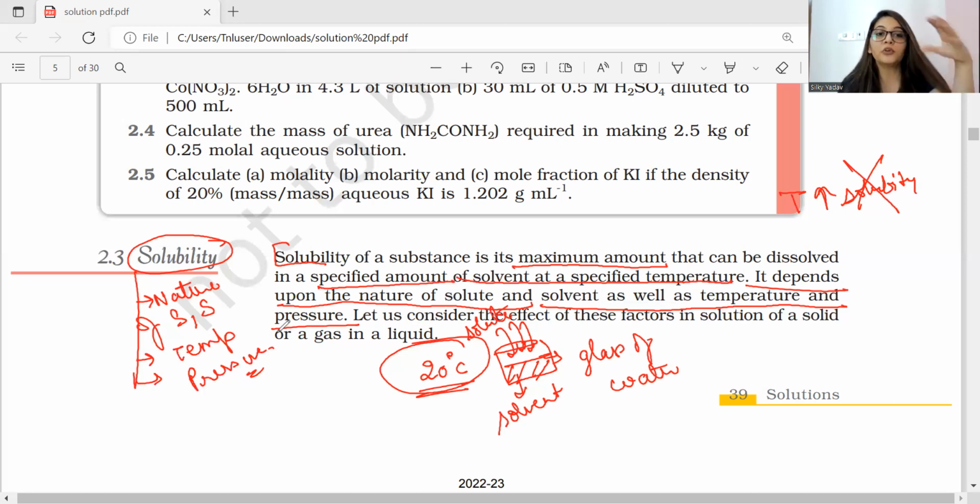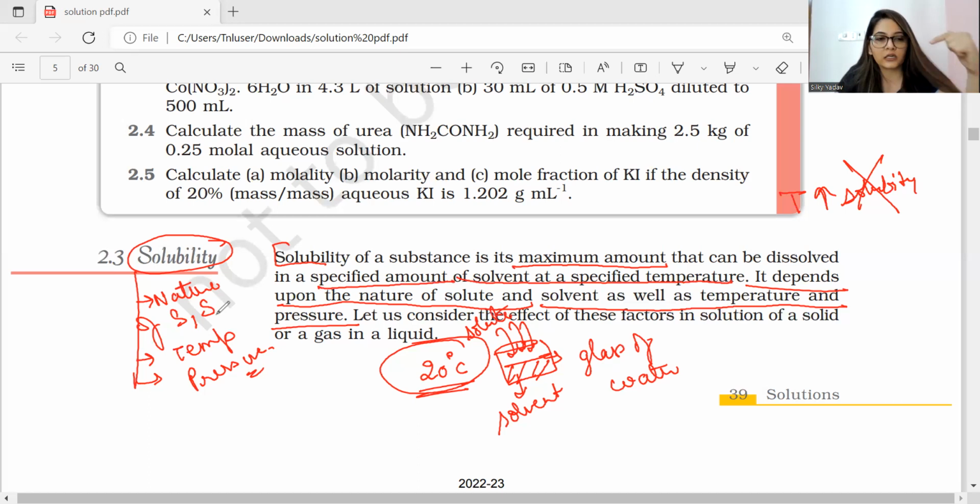But if we actually talk about gases, gases dissolve in the water or any other liquid faster when you're giving more pressure to it. Okay, that's why I'm again indicating that pressure is also one of the factors that decide the solubility.